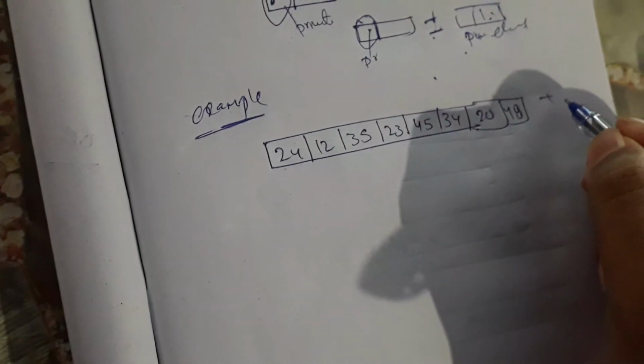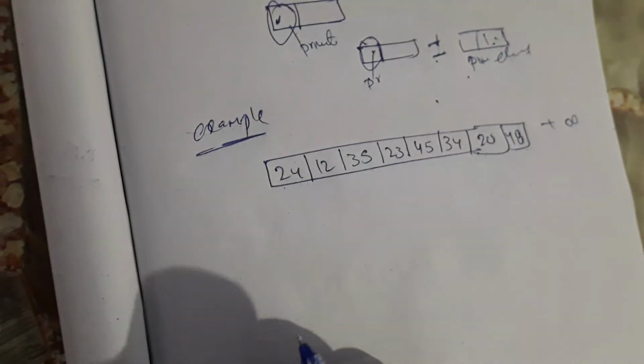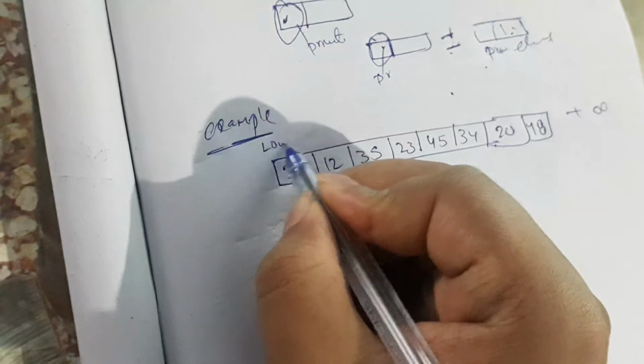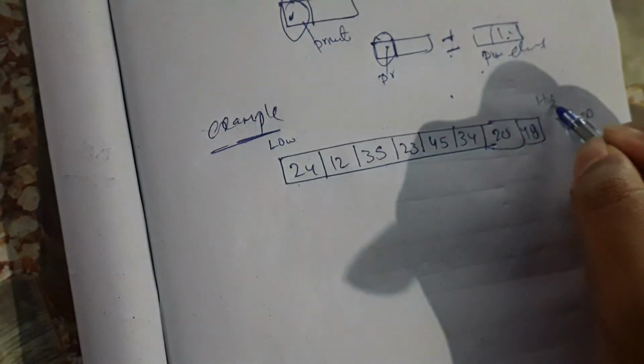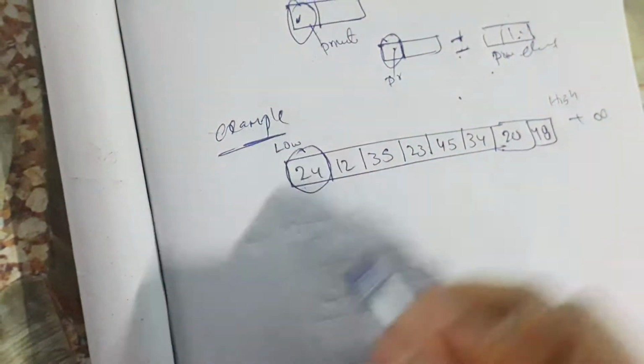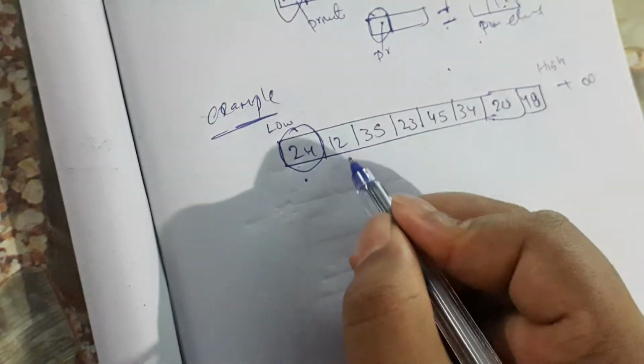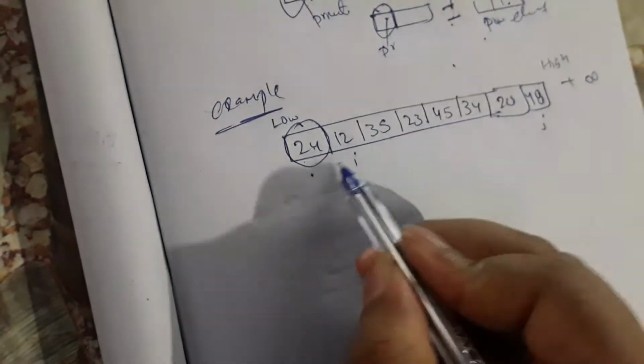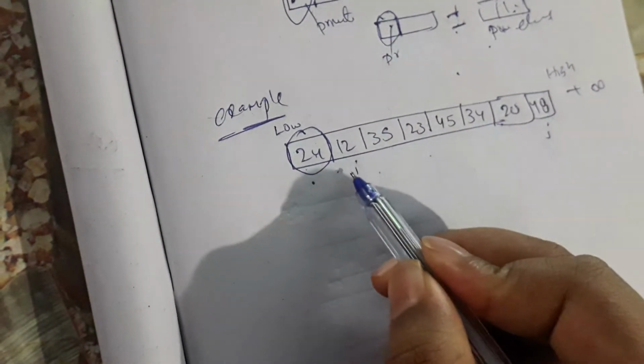Here plus infinity. This is the lower, this is the high. This is your pivot element. As of this, we'll compare the elements. This is I, this is j. We'll run here onwards and here onwards.